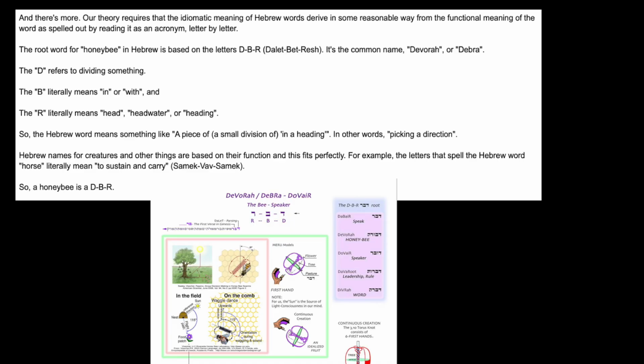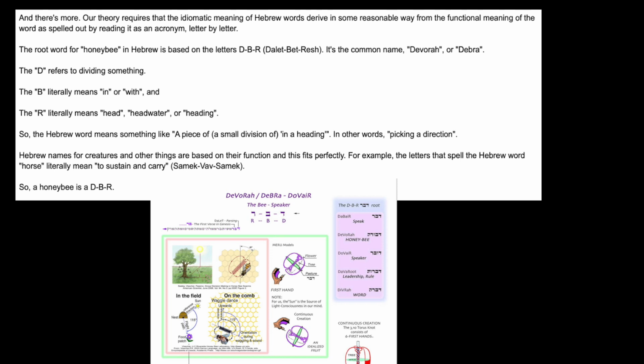And there's more. Our theory requires that the idiomatic meanings of Hebrew words derive in some reasonable way from the functional meaning of the word as spelled out by reading it as an acronym, letter by letter. The root word for honeybee in Hebrew is based on the letters DBR. That's Dalet Beit Resh. It's a common name, Deborah or Devorah.